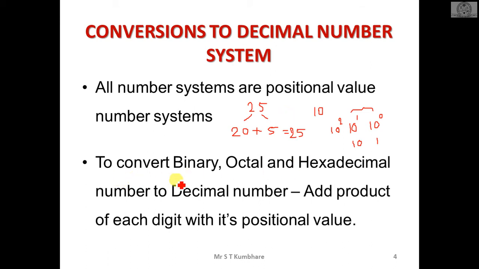Now, to convert a binary, octal, or hexadecimal number to a decimal number, theoretically, you have to add the product of each digit with its positional value. This is theoretical. We can do this practically. I will show you with some examples.